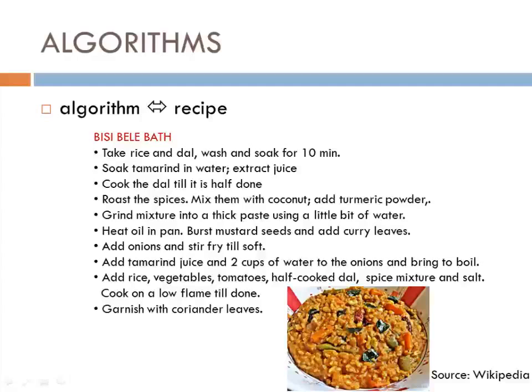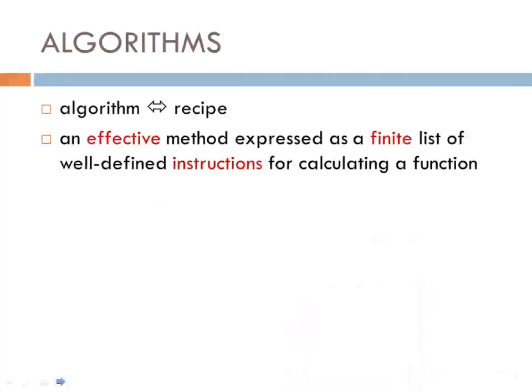More formally, you can think of an algorithm as an effective method expressed as a finite list of well-defined instructions for calculating a function. These instructions should be doable by a computer, and we require that this is a finite list of instructions.